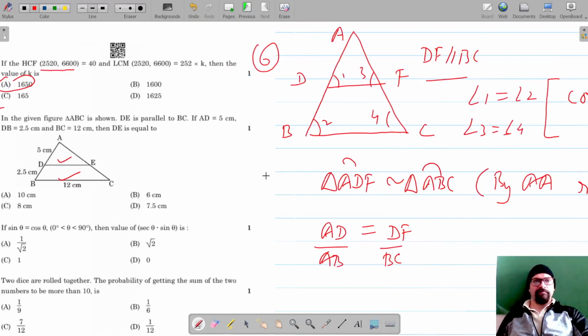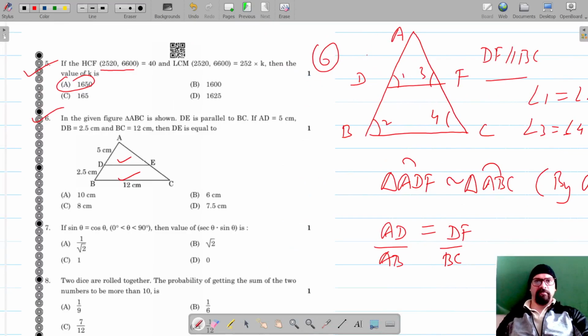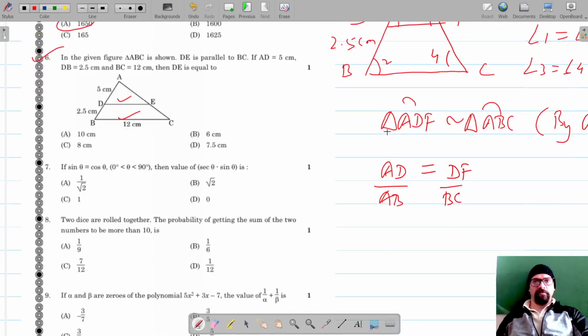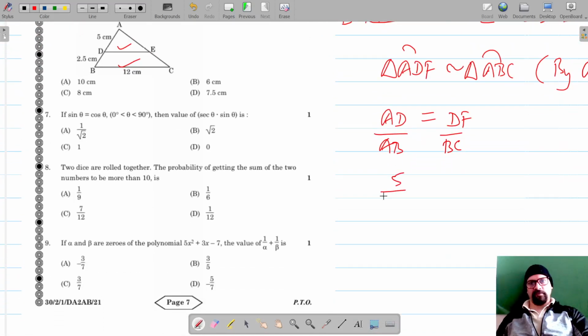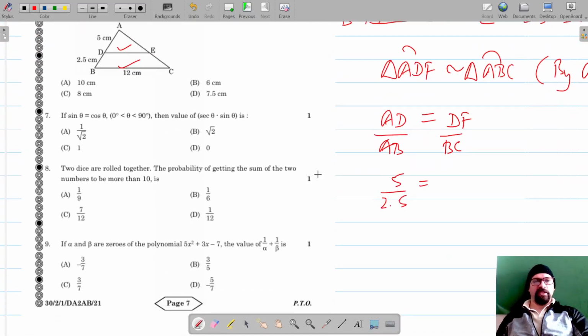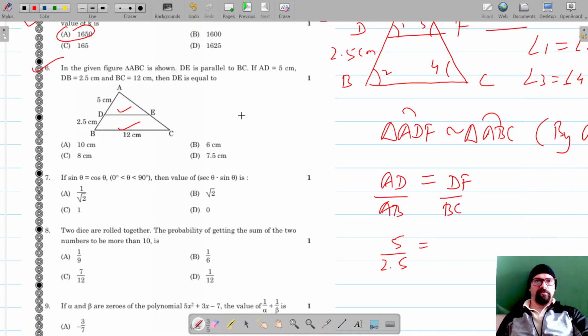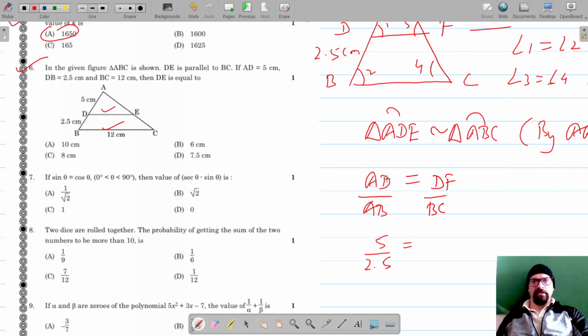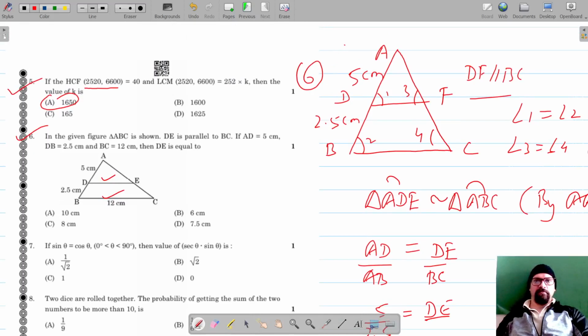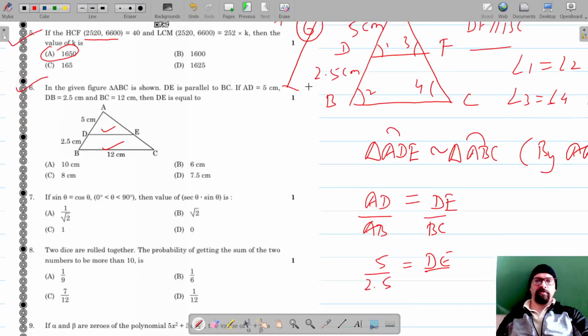Now AD is 5 centimeter, and DB is 2.5 centimeter. This is triangle ADE, so this is DE. The value of AB is 5 plus 2.5, which is 7.5.